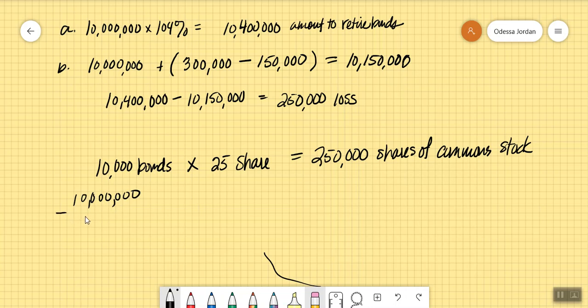So we see the decrease in liabilities because the bonds payable was 10 million, and then we subtract out the 150,000, and that comes from, remember, the 300,000 at 50%.